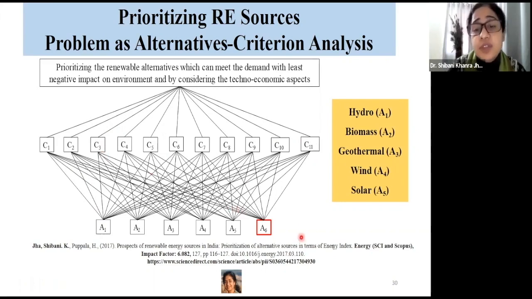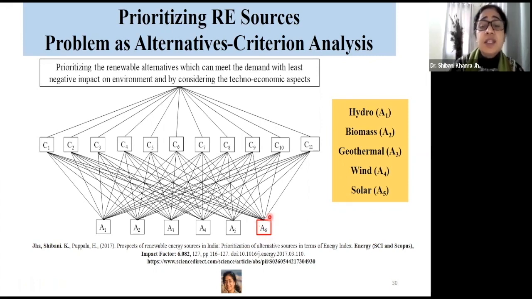Now you can also observe there is another alternative indicated by A6. The entire idea was to give priority to the renewable alternatives which can meet the demand with the least negative impact on the environment, while considering the techno-economic aspects. As you have seen, the attributes belong to these two aspects.